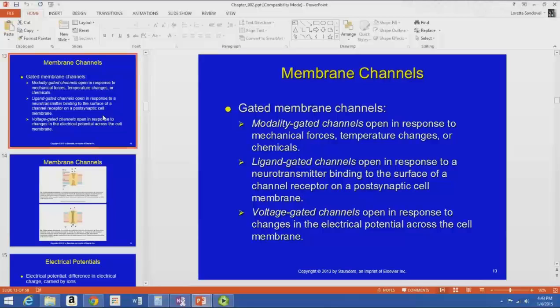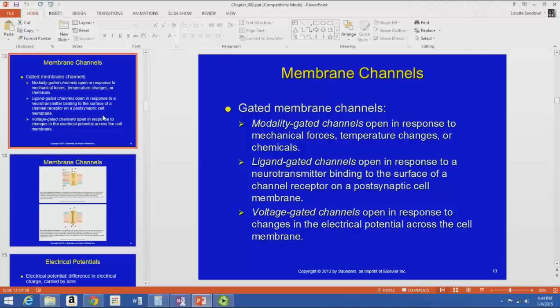So if you think about modalities, the things we did last quarter in 111: soft tissue mobilization, temperature, hot-cold treatments, ultrasound is a mechanical force, iontophoresis, chemicals are changing the cell membrane.